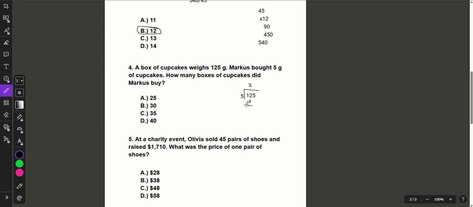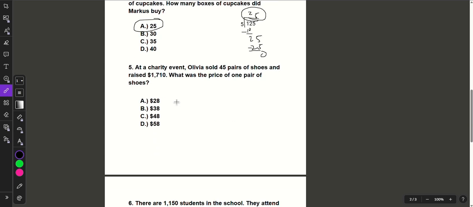The biggest number that you can subtract it with is 10. So 5 times 2 equals 10, and then if you subtract it, bring the 5 down, 5 times 5 equals 25, and you can subtract that, and the total is 25, so A.